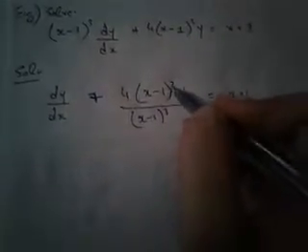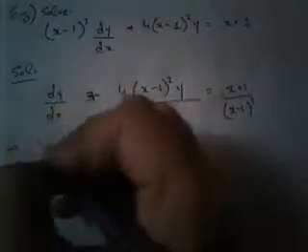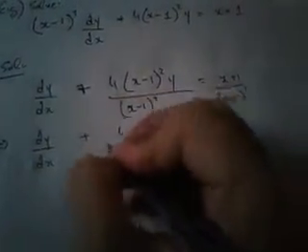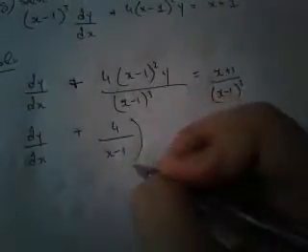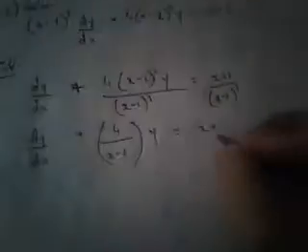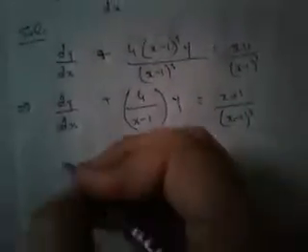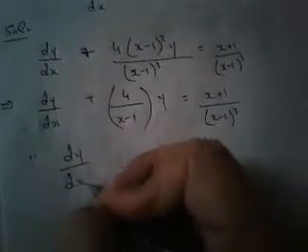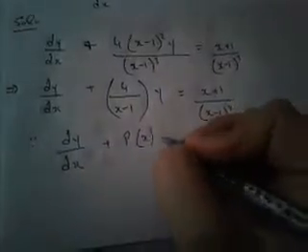You can see we can cancel these two terms because they are alike. So I'm having simply x minus 1 left here, and I can just write it like this, into y equals x plus 1 upon x minus 1 whole cube. This is it. You can see that it is following the general pattern of a linear first order ODE.